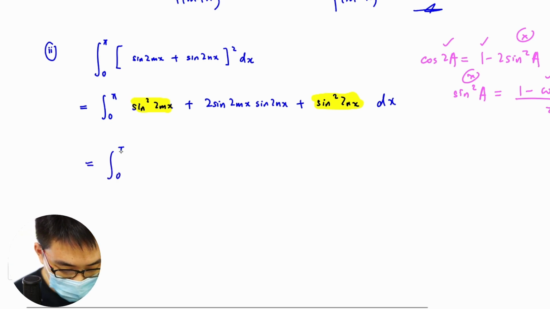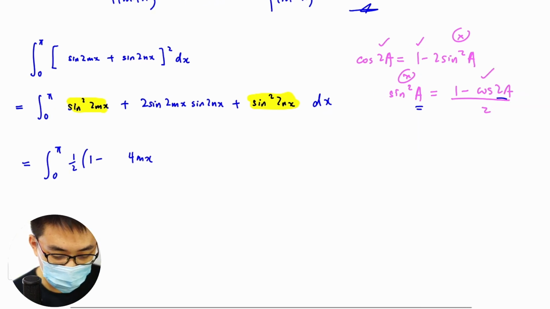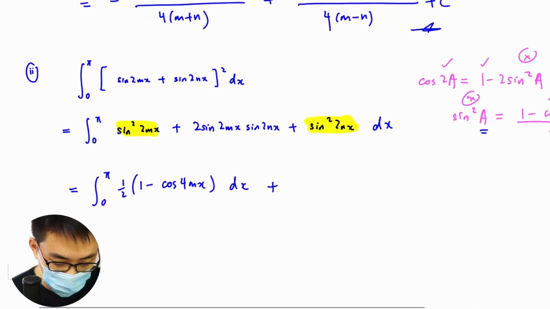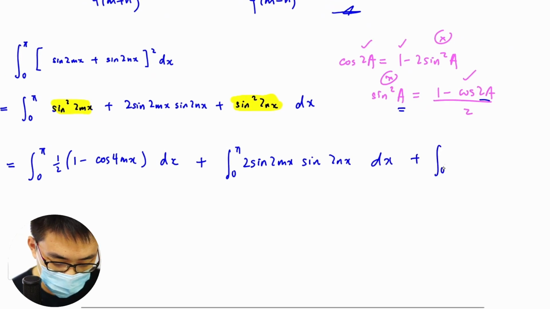So once done, just do this, from 0 to pi. This is half, 1 minus cosine 4mx. Just multiply by 2 straight. So if this is 2mx, this is 4mx, dx. Then I'm just going to use the previous working. Then the same thing, this is half.